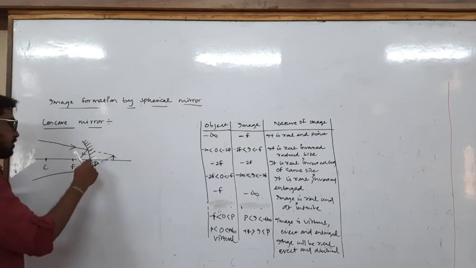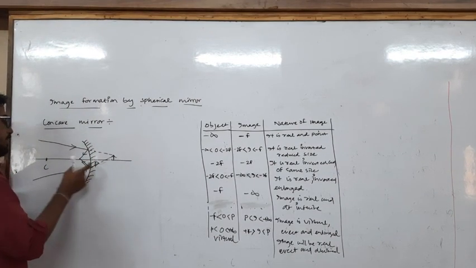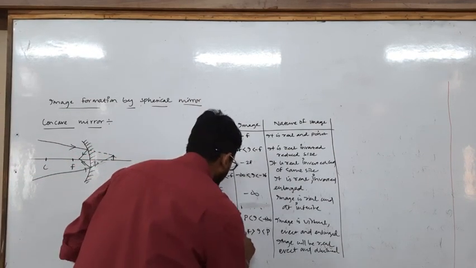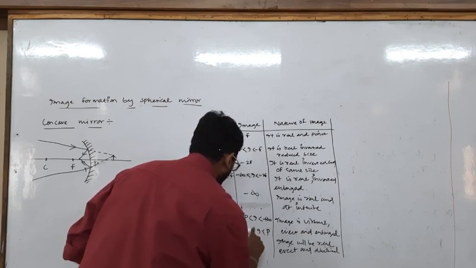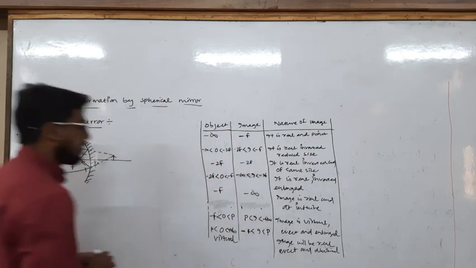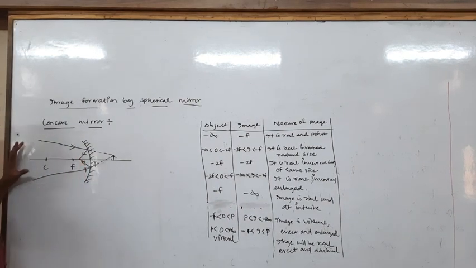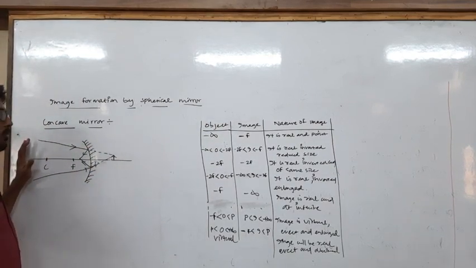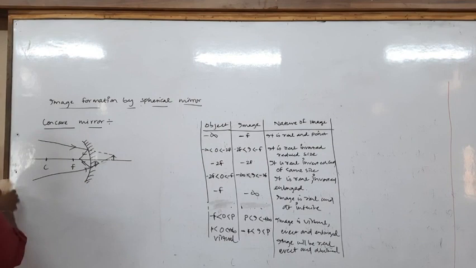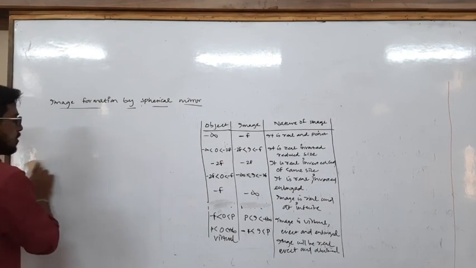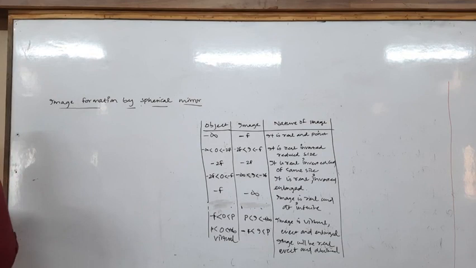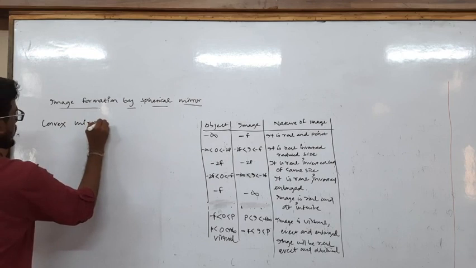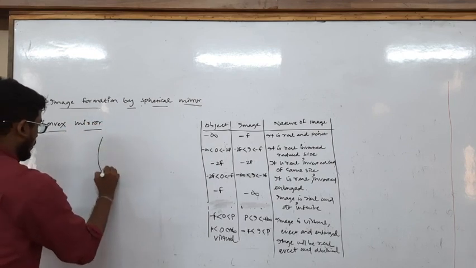So when the object lies between pole and plus infinity, the image will lie between pole and plus F. Okay, so these are the conditions of how the image forms with respect to the object and what the ray diagrams are, and this case will also be the same as that of our convex mirror. Okay, so for convex mirror, this is the case of convex mirror.